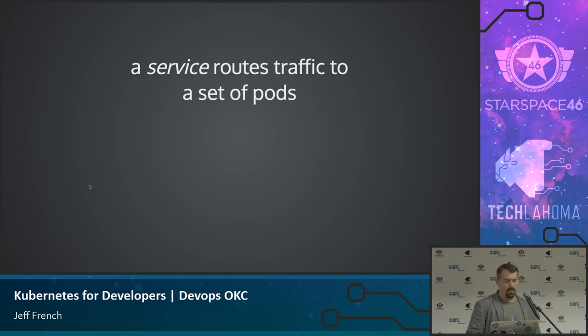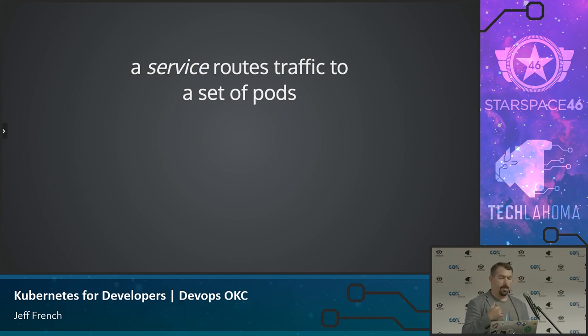And when you create a service, there are a few different types of services that can be created. The default type of service is called cluster IP. And what that means is that this service gets assigned an IP from the CIDR block that is internal to the cluster. A cluster IP service is not exposed outside the cluster at all. It's only accessible by other things that are running inside the cluster. Another type of service is called a node port service.